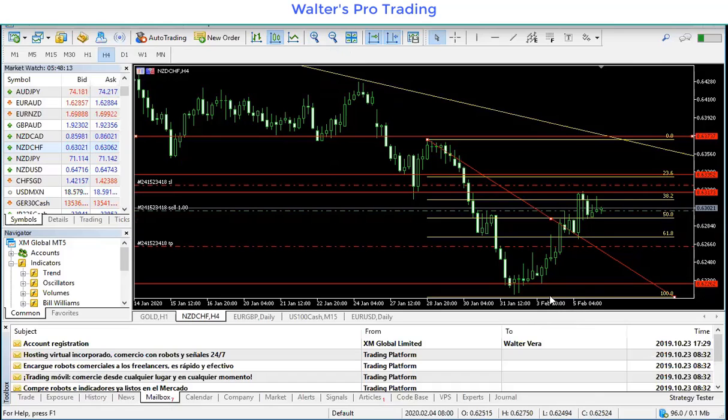Now there are other conditions that I need to get into that trade, not only getting into that 38.2%, because you need a few other conditions there. Most traders use the 38.2% as a retracement point to get into a trade.